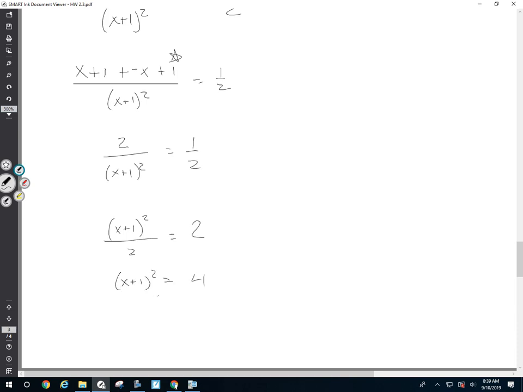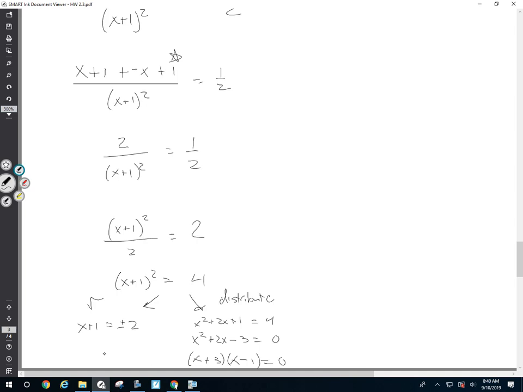Again, two ways to do it. Square root or distribute. If you root, you should get a plus or minus 2. If you distribute, factor after you set things equal to 0. This is x plus 3 times x minus 1.